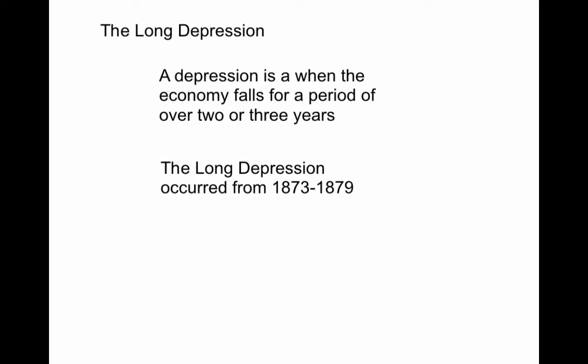And it has to last for a long period. So there's no precise definition of what a depression is, but generally it's accepted by economists that a depression has to last at least 2 or 3 years. Now, in this case, the Long Depression occurred from 1873 to 1879, and technically it was actually just a little bit longer than the Great Depression, although the effects of the Great Depression were maybe much more felt.